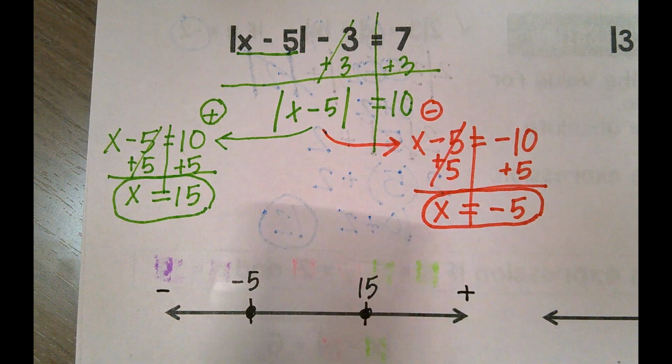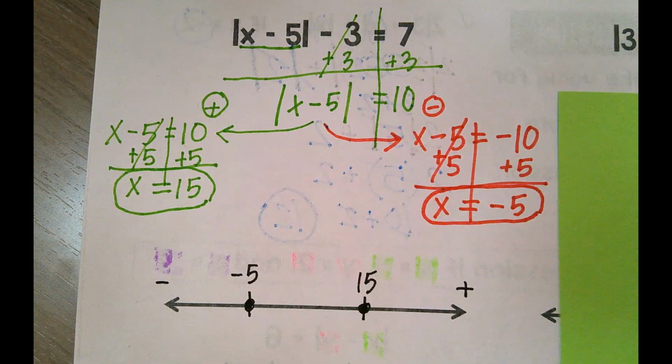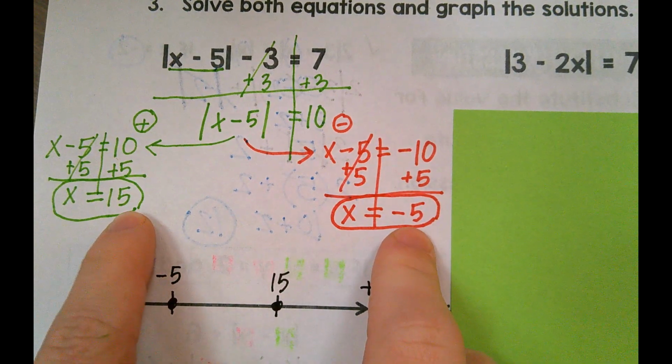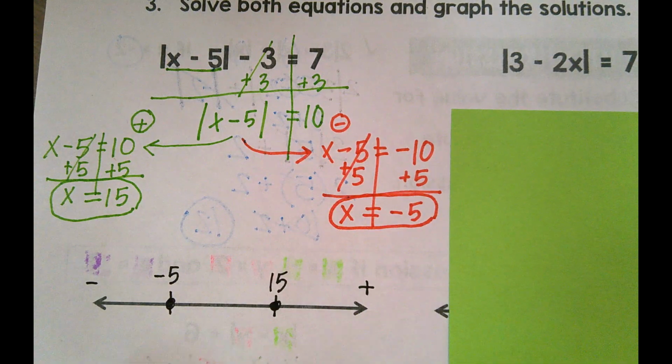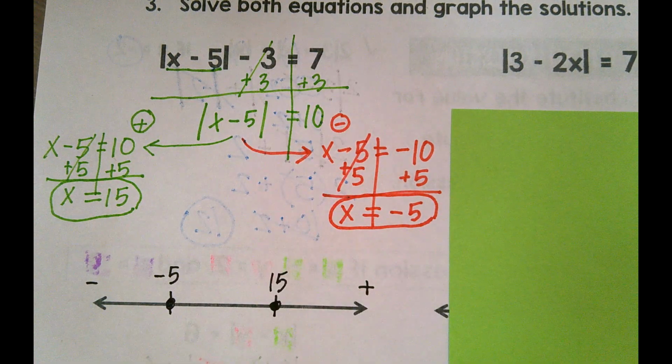Now I want to explain why we have to do this. This is also a good way to check your answer. Over to the side, we're going to show why 15 and negative 5 are both x values. Why do they both work? I should be able to plug these in and it should be true.